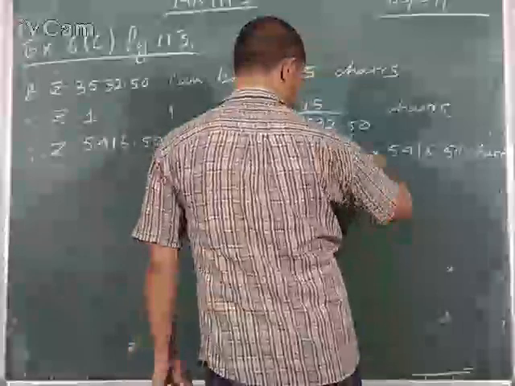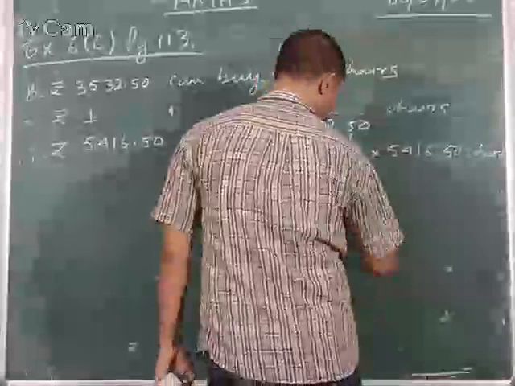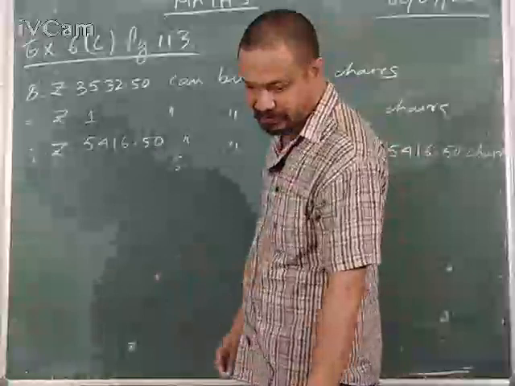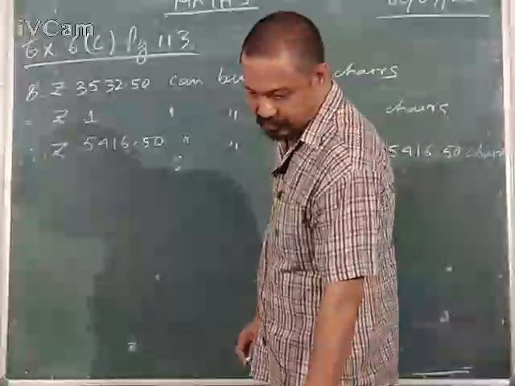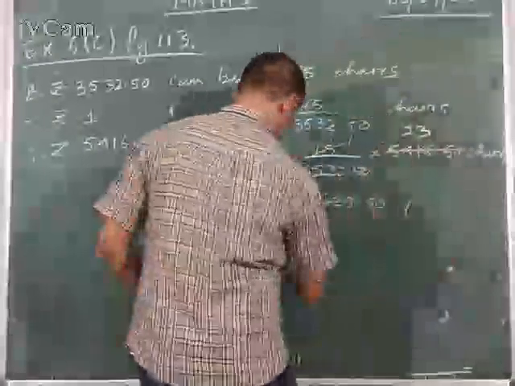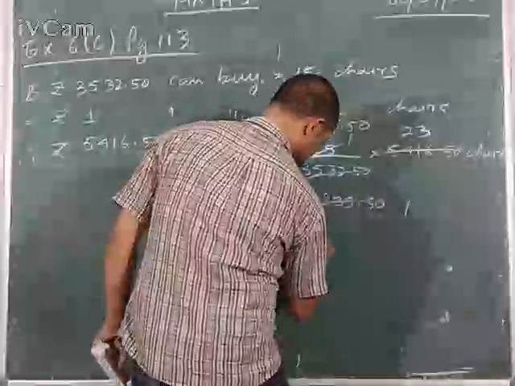You can directly do the cancellation, or you can divide by 10, but I'm doing it directly, keeping in mind the time frame. You can always do it on your own. So this is 1, and this cancels the whole number 23 times. So the answer comes to 23 chairs.